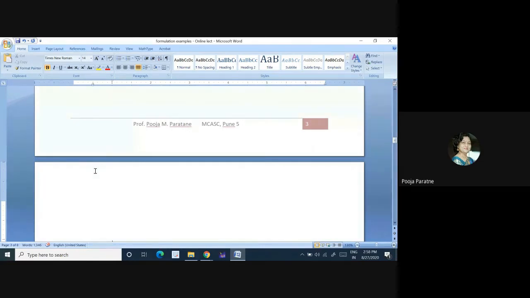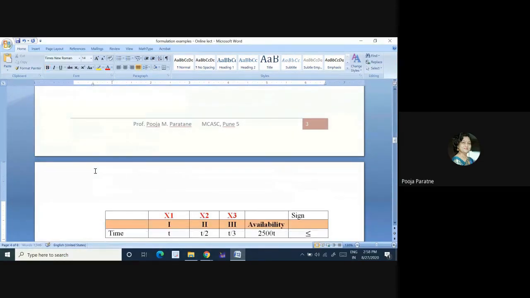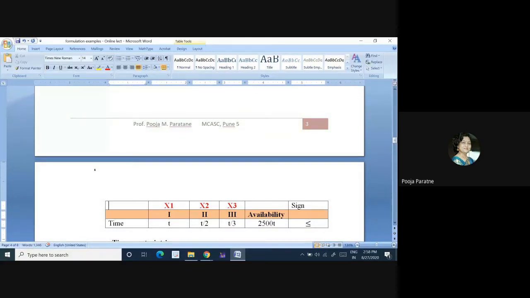So what is the time constraint now? Look here, again the table is there. The variables are x1, x2, x3. Whatever figures we put in the table are per unit, and x1 is the number of units. So t is the time required to produce 1 unit of model 1.